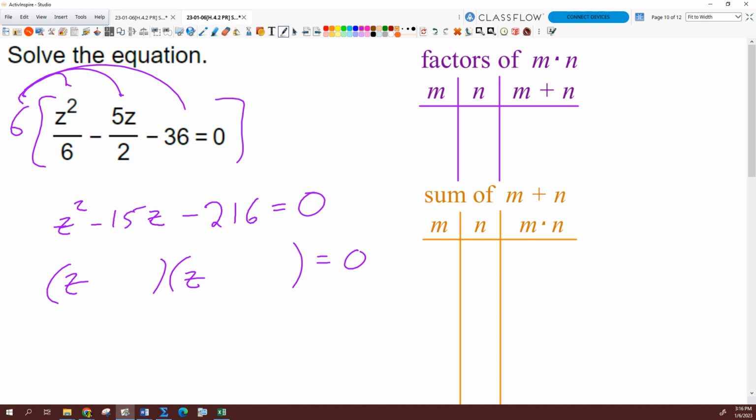The negative. So let's put the negative first. We always want to put the biggest one first. Normally, when we're trying to find magic numbers, we would find factors of the constant that add to the linear coefficient, right? Factors of negative 216 that add to negative 15.